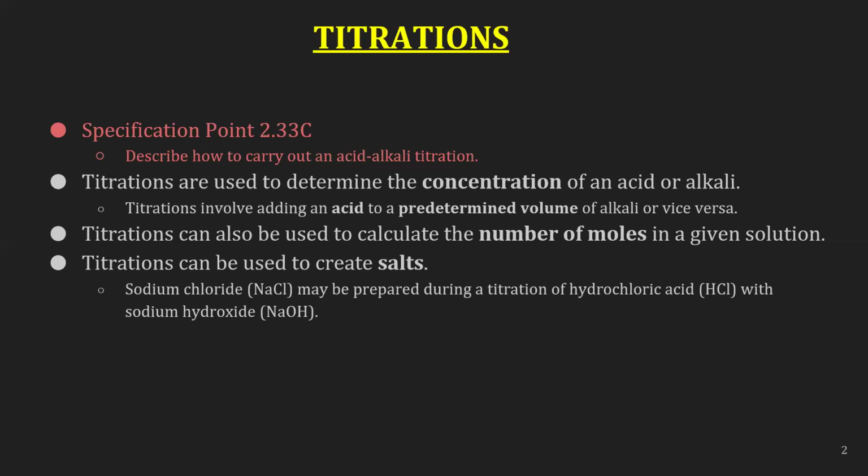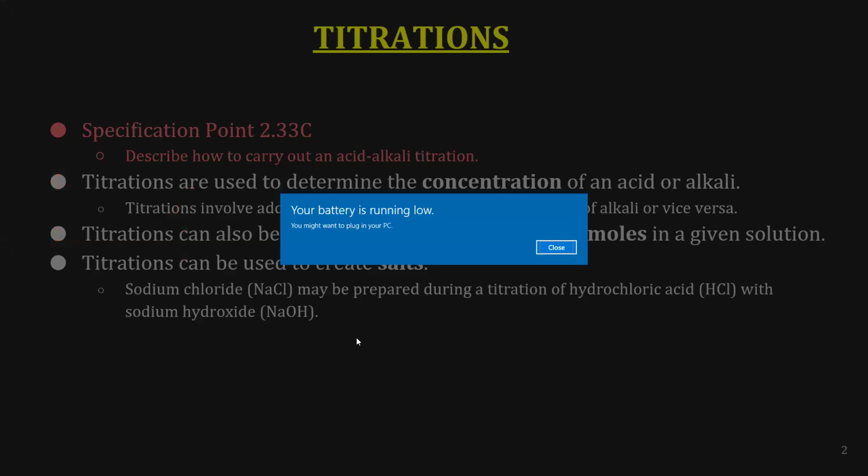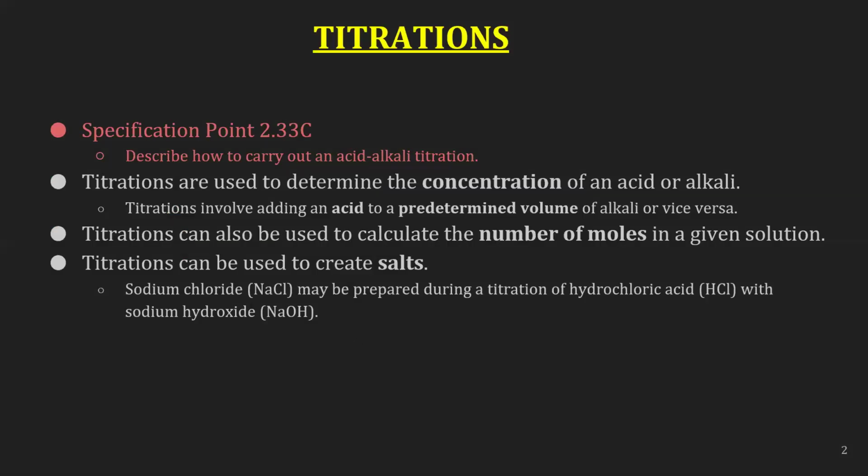You have to memorize these three important bullets: the important applications of titration. Can you repeat? Titration is an experimental technique used to determine the concentration of acid or alkali, it's used to calculate the number of moles in a given solution, and it's used to create salts.